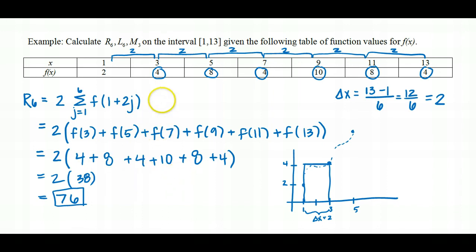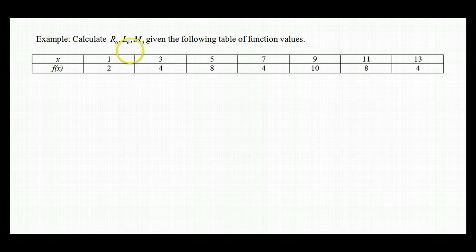So let's try to implement it finding L6. Alright, so to calculate L6, we're going to go ahead and try to use a little bit of a shortcut here. So we want to use 6 rectangles of equal width. So the first rectangle is going to be between 1 and 3 with a width of 2, then between 3 and 5 with a width of 2, between 5 and 7, between 7 and 9, between 9 and 11, and then between 11 and 13.